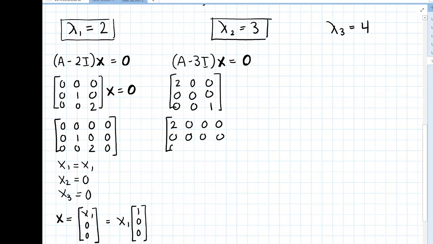So in this case, we can see that our free variable ends up being x2, because the second column is the one that doesn't have a pivot, whereas x1 is going to equal 0 and x3 is going to equal 0.